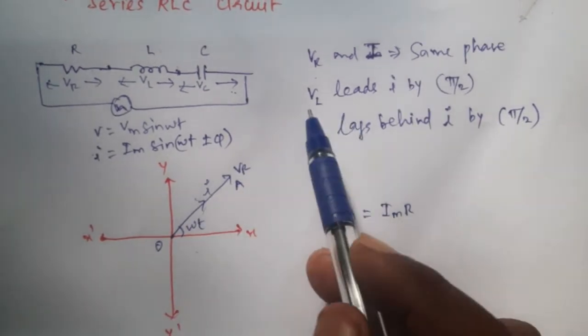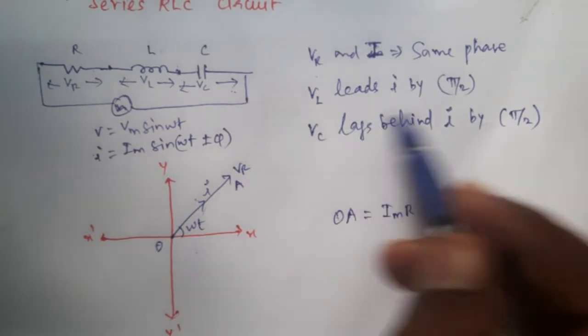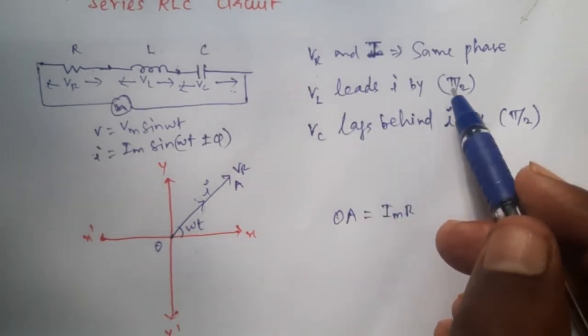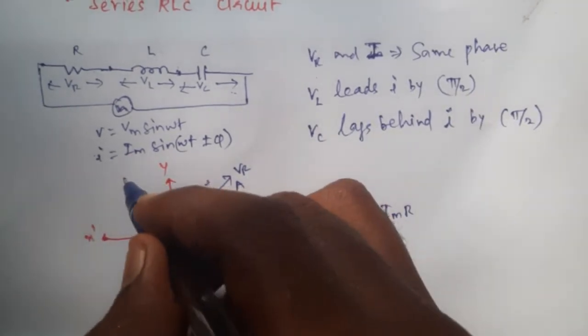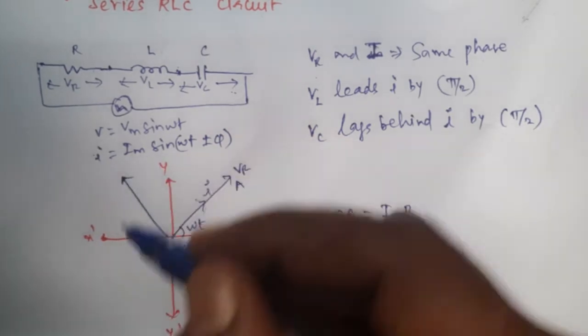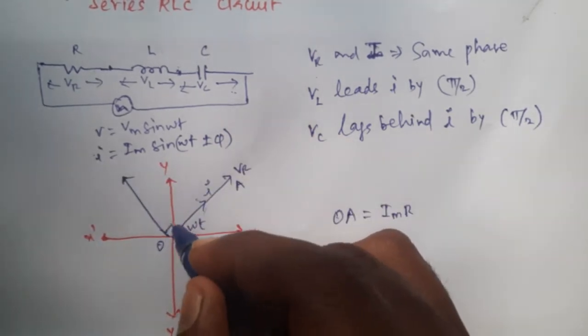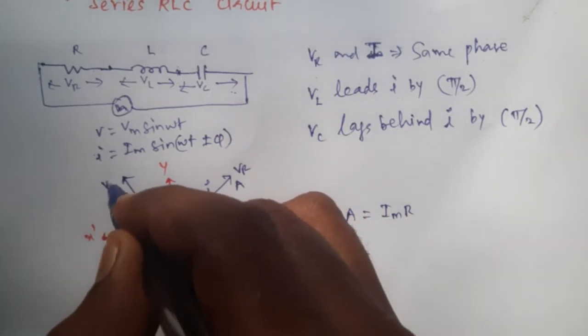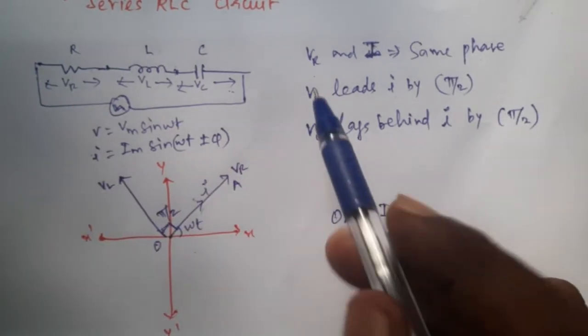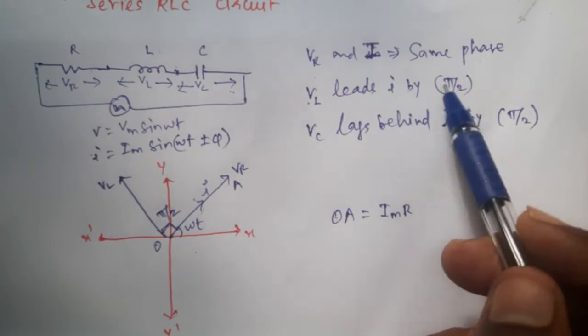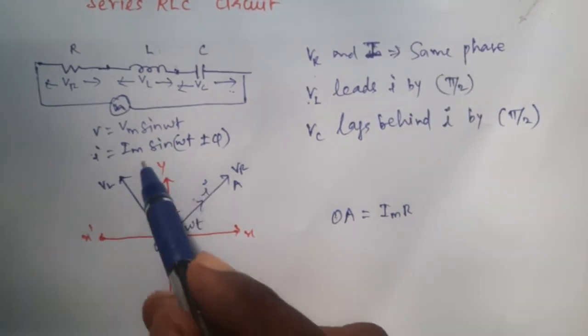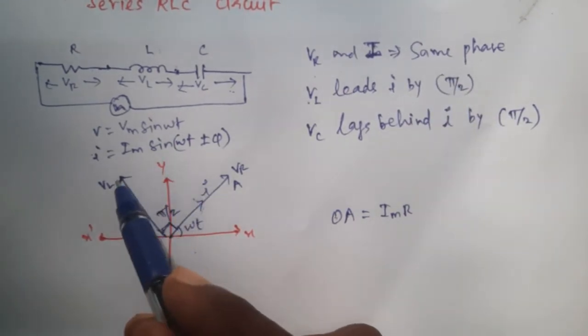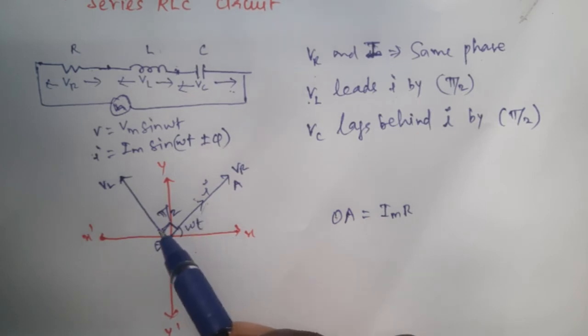Then VL leads I by the phase angle of pi by 2. So this will be VL, and the angle between I and VL is pi by 2. If you rotate this phasor diagram, VL leads I by pi by 2.